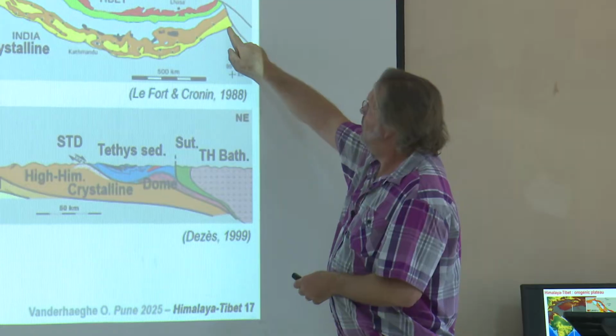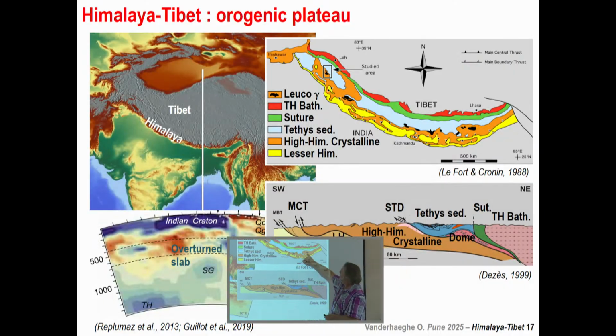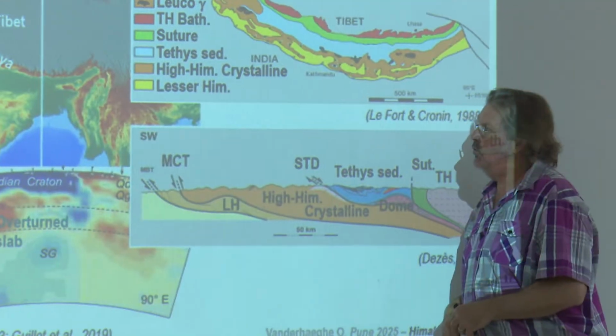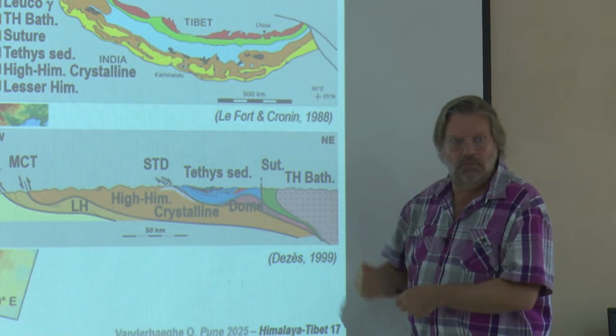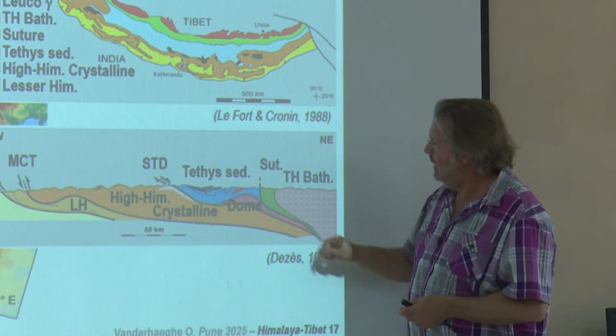Okay, whatever. So we have here the main frontal thrust, the main central thrust with the High Himalayan Crystalline, and we're going to go through that later on. And then in blue, Tethyan sediments. These are the sediments that were in between India and Eurasia on the margins of the continent that have been deformed during convergence along the convergent plate boundaries.